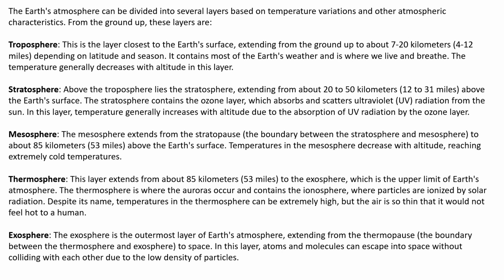So the second layer of the atmosphere is the stratosphere. This is the layer that comes after the troposphere. Above the troposphere lies the stratosphere, which extends around 20 to 50 kilometers above the Earth's surface.